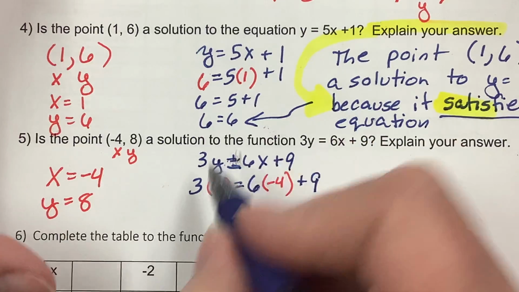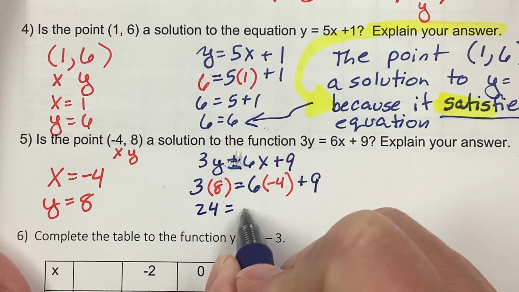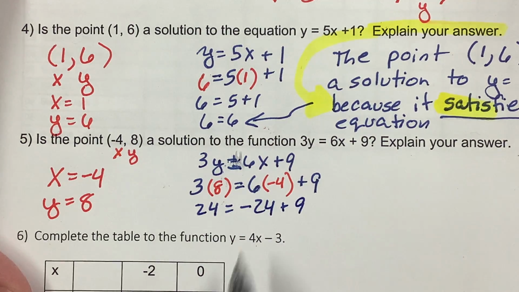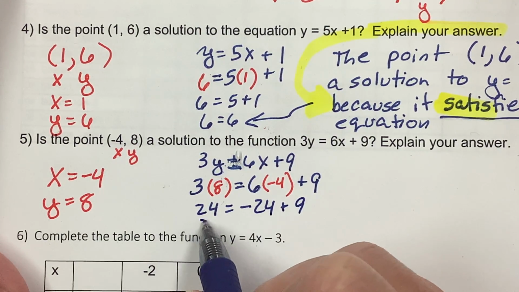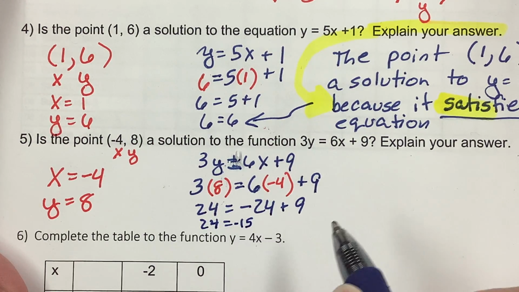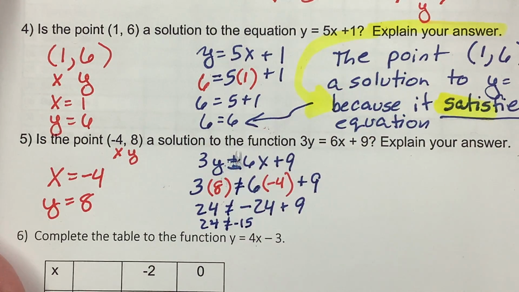I'm showing that I'm multiplying. 3 times 8 is 24, and 6 times -4 is -24 plus 9. Now, if I do this problem, I'm going to get 24 equals -15, and that's not true. So if it's not true, then it does not satisfy the equation.